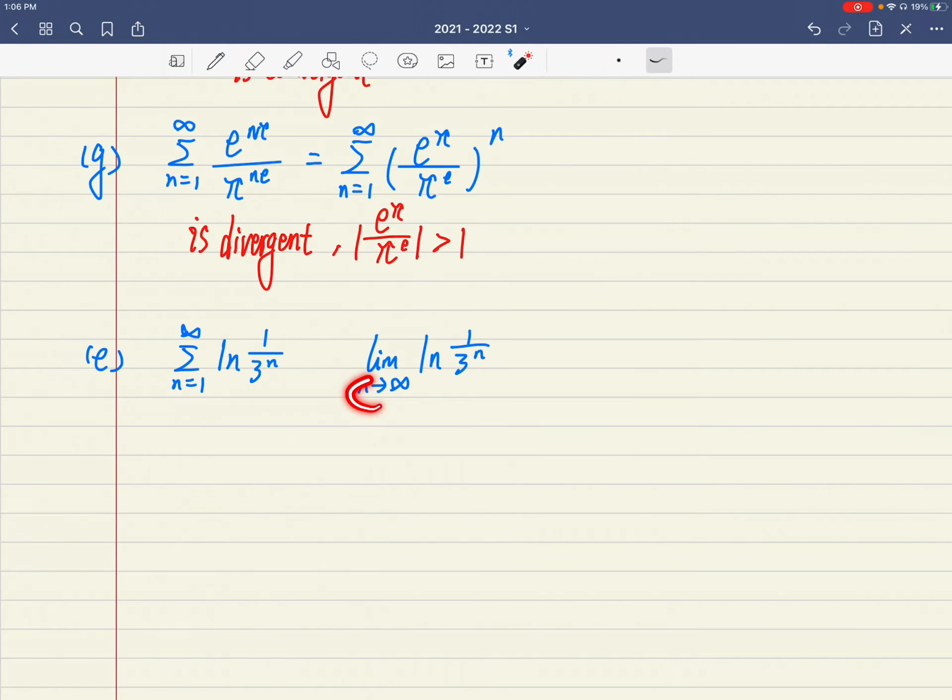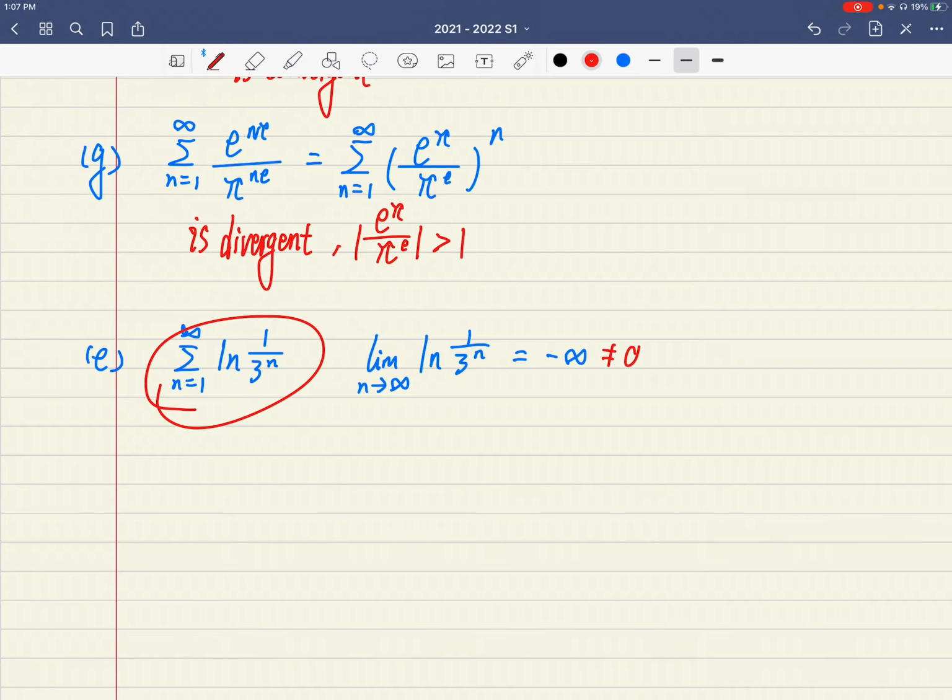When n is approaching infinity, 3 to the power of n is approaching infinity, so 1 over infinity is going to be 0. Then ln of 0 is going to be approaching negative infinity. So the limit of the sequence is not 0, clearly. So by the divergence test, this series is divergent.